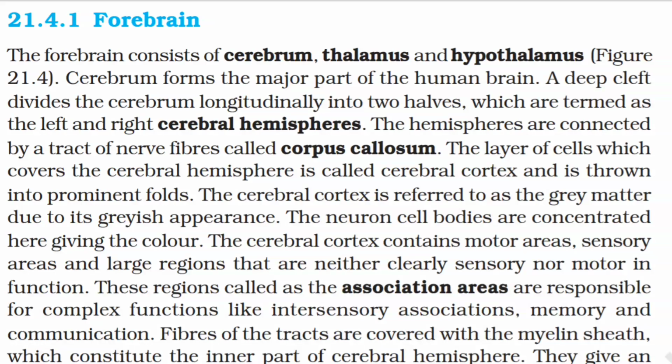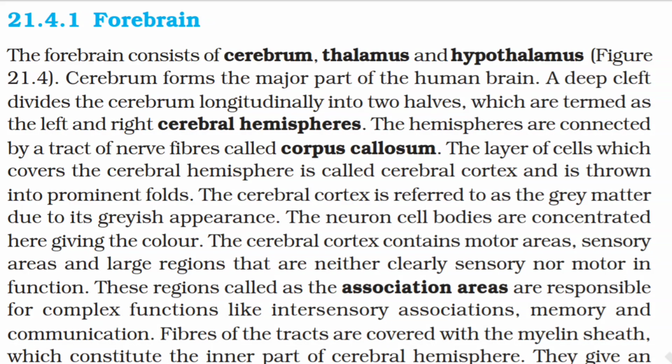21.4.1 Forebrain. The forebrain consists of cerebrum, thalamus, and hypothalamus. Cerebrum forms the major part of the human brain. A deep cleft divides the cerebrum longitudinally into two halves, which are termed as the left and the right cerebral hemispheres. The hemispheres are connected by a tract of nerve fibers called corpus callosum.